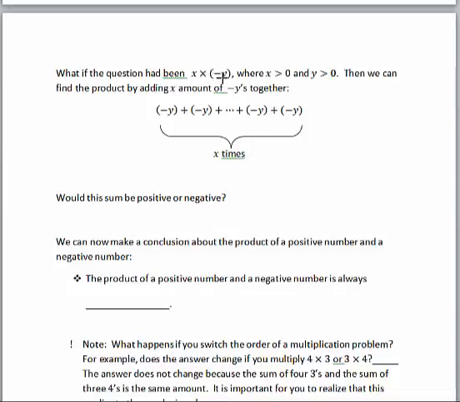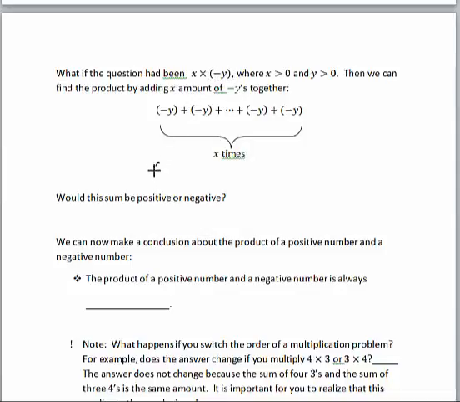We now have replaced the 3 with another variable, and so what we're stating here is simply that we could multiply something by x number of times, and whatever that something is, in this case we have a y, and so with y, the variable being positive, so y could be 1, 2, 3, 4, 5, any number greater than 0, and then if we put a negative in front of it, we pretty much have the same situation as we did on the previous page.